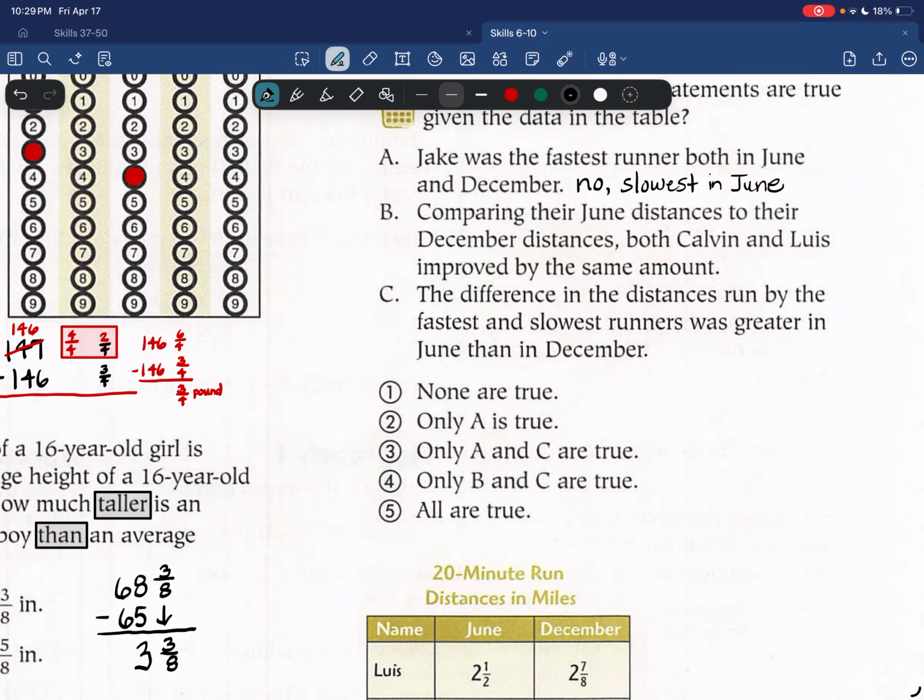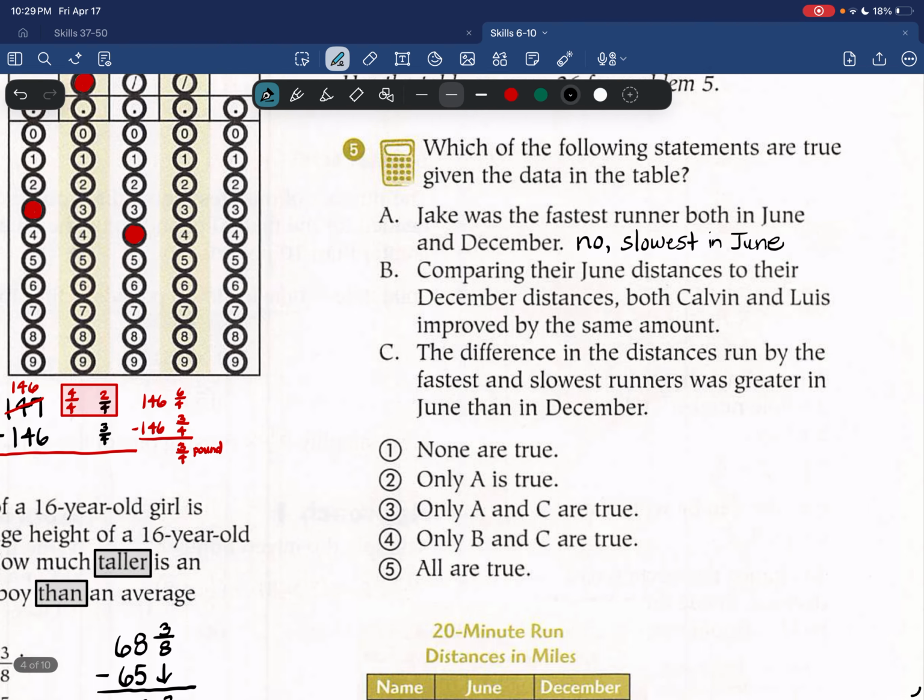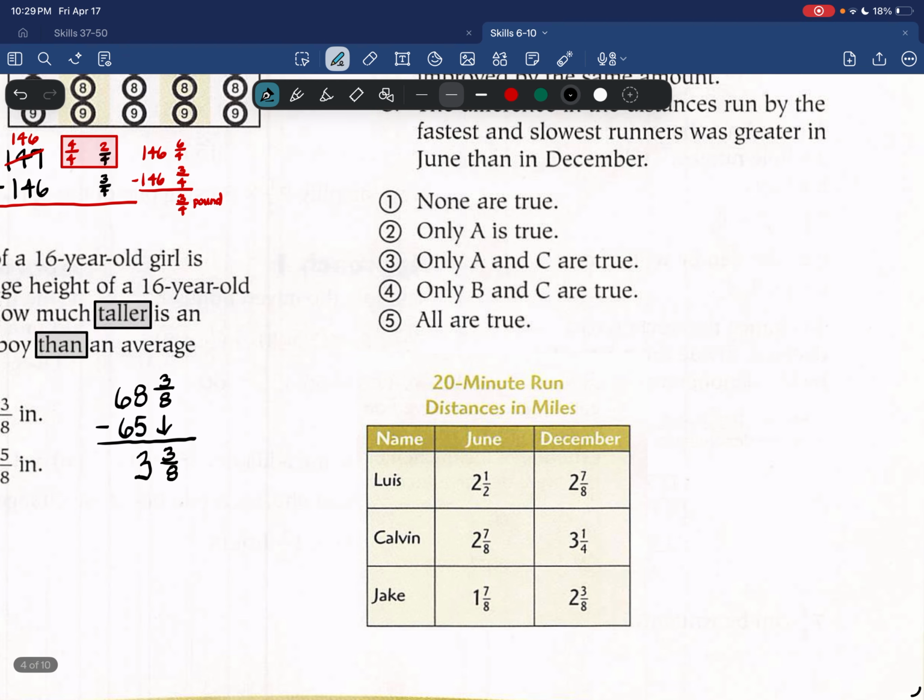B, comparing their June distances to their December distances, both Calvin and Louise improved by the same amount. This is a calculator question, so make good use of it. Calvin went from 3 1/4 or 3.25 to 2 7/8.